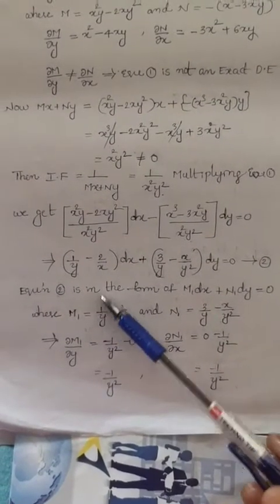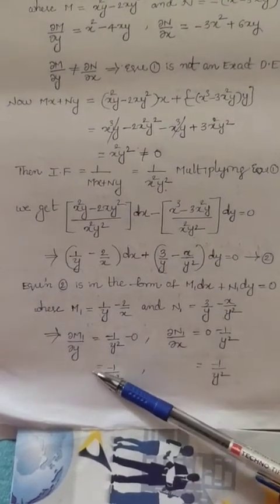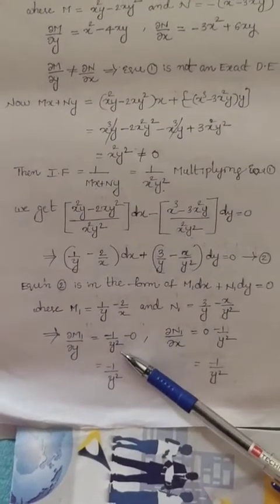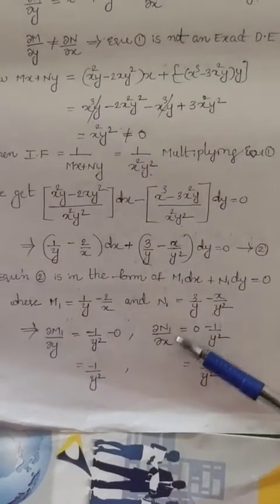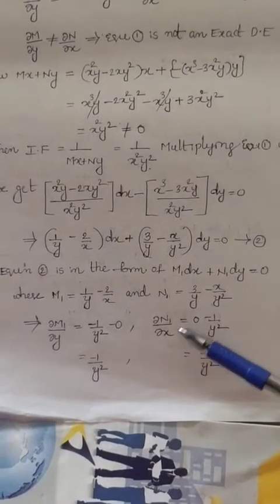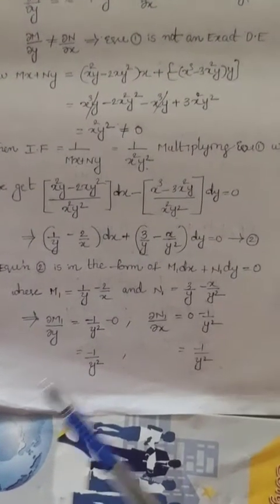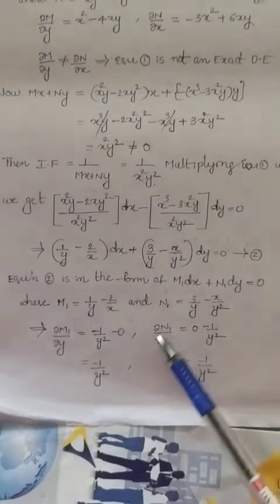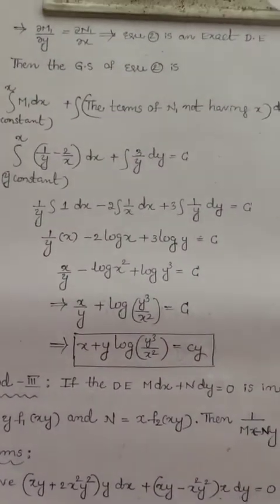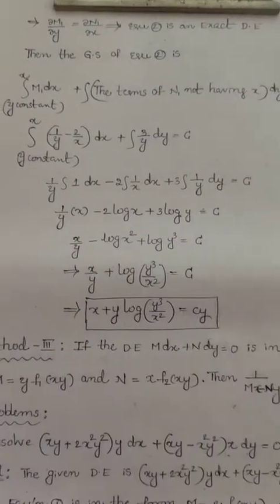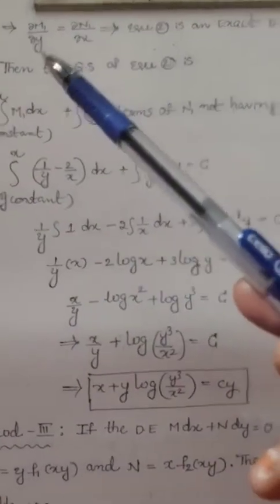Then we find the partial derivative of M1 with respect to y and the partial derivative of N1 with respect to x. ∂M1/∂y = −1/y², since the differentiation of 2/x is 0. ∂N1/∂x = 0 − 1/y². So here ∂M1/∂y is equal to ∂N1/∂x.